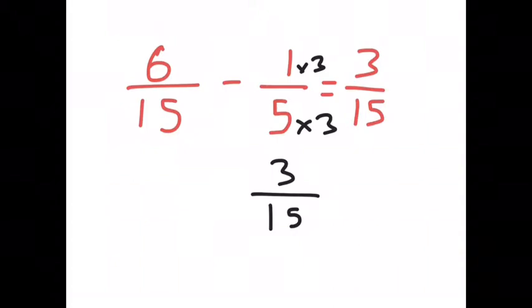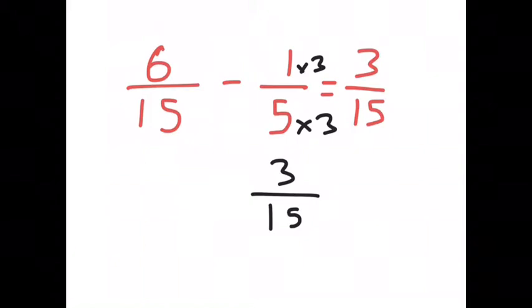Now, if you notice that we've got 3/15 here, some questions might ask you to give your answer in its simplest form. If it does, that simply means we have to simplify the fraction. If you remember, that means you have to divide the numerator and denominator by the same number.